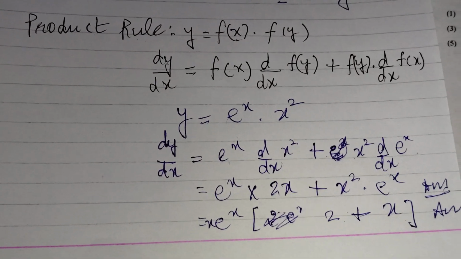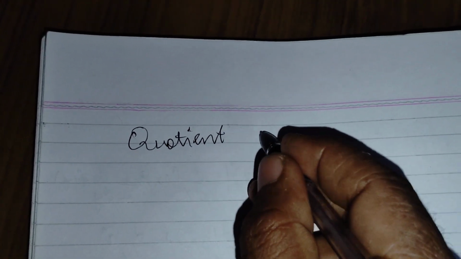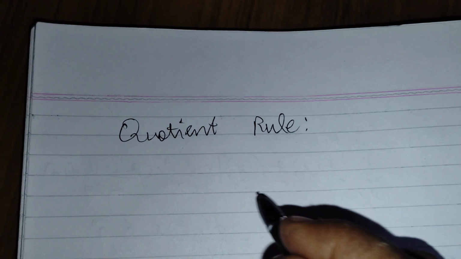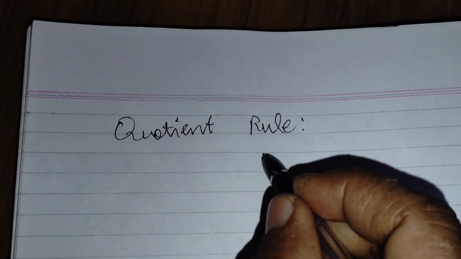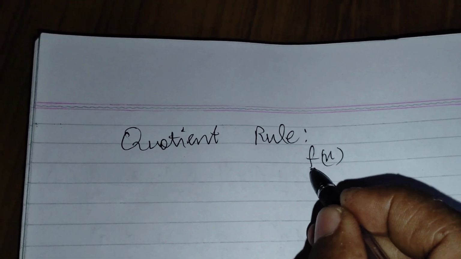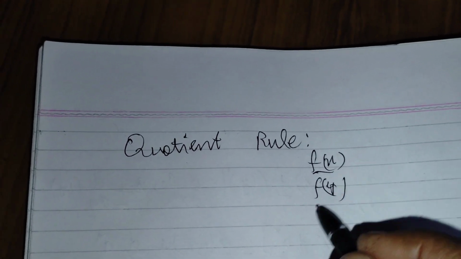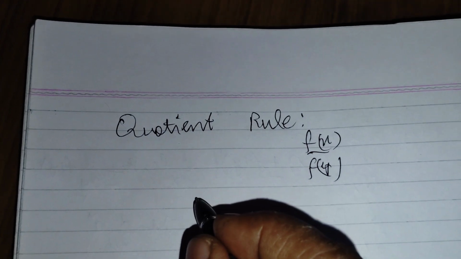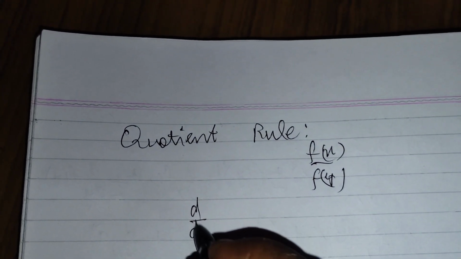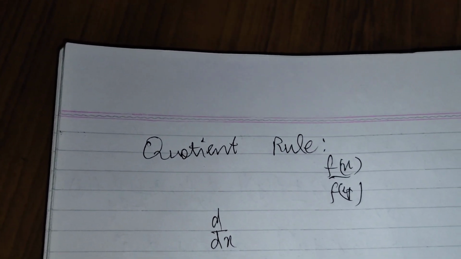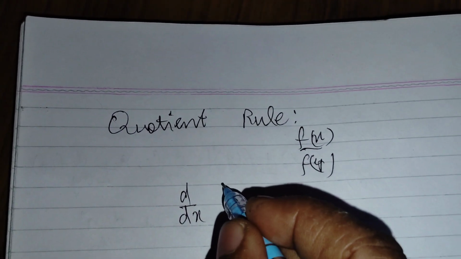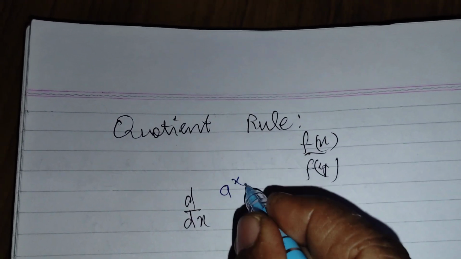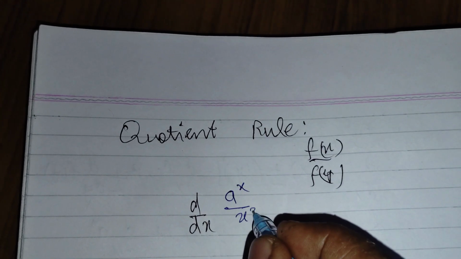Next is the quotient rule. What do we do in the quotient rule? In the quotient rule, the functions are given in numerator and denominator form. Suppose two functions are given and we want to find their differentiation. So how do we differentiate? Let us take an example: d upon dx of a power x upon x cube.